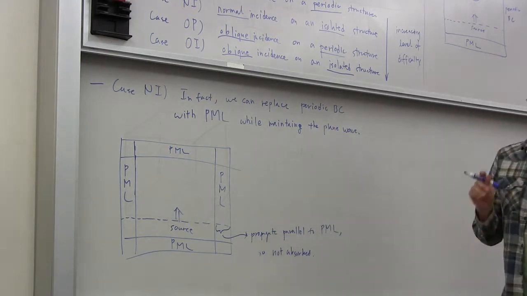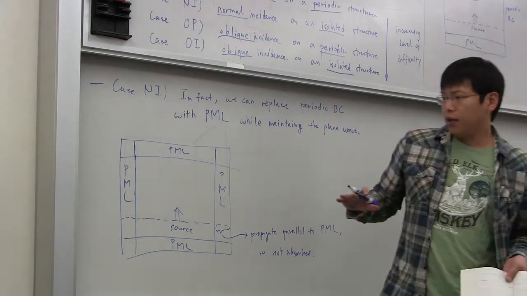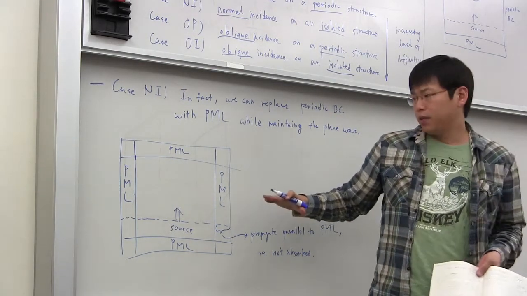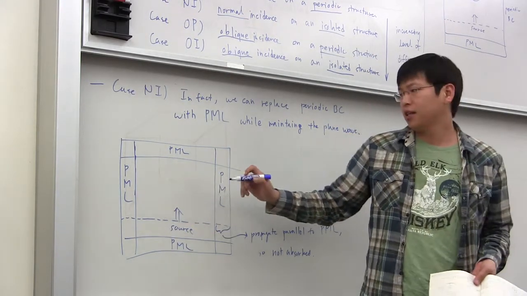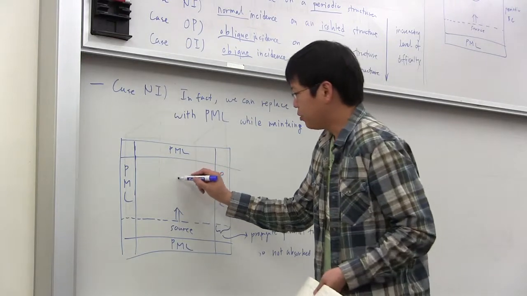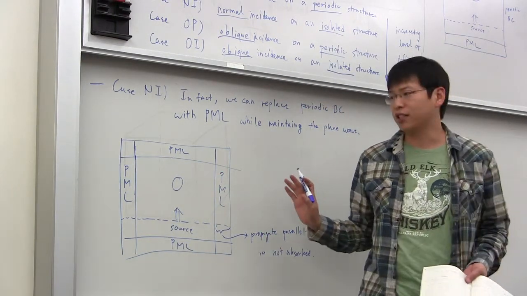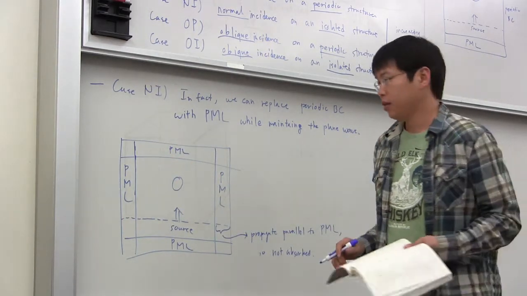So it's not absorbed. Then you still have the plane wave, which is not affected by PML. But when this plane wave hits the scatterer, it creates the scattered wave, but that scattered wave is absorbed by PML.